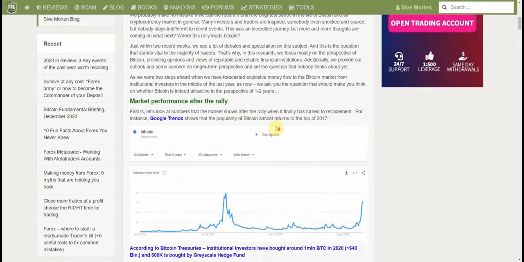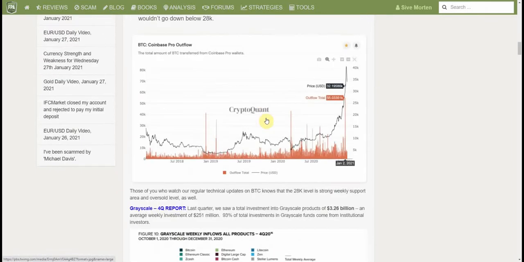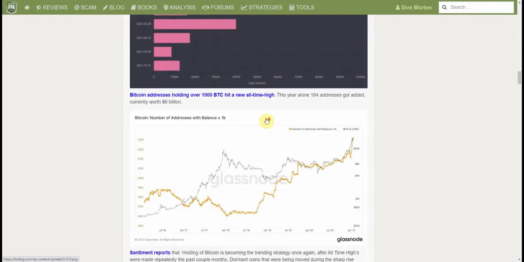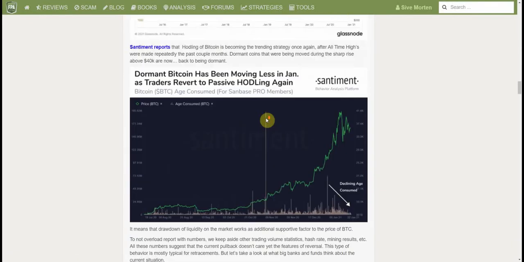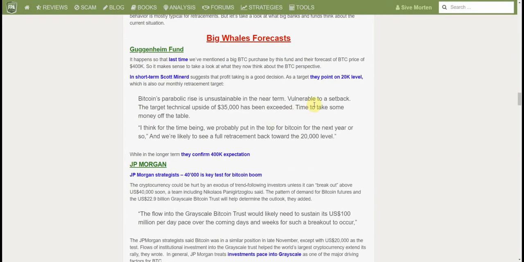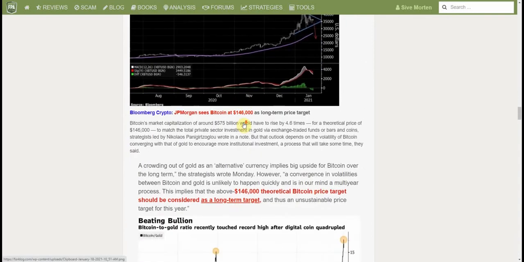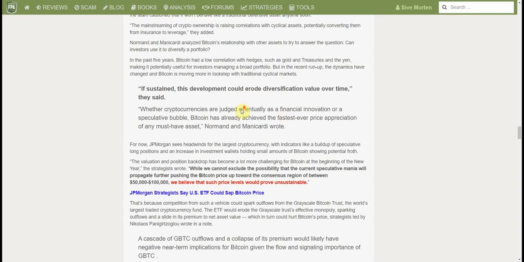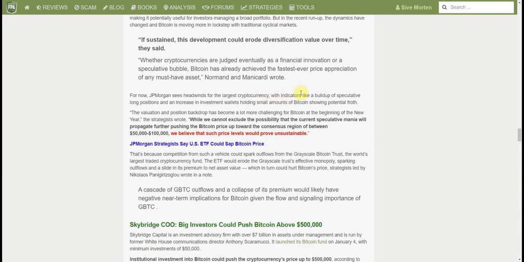First of all, you can read the forecasts of the price and the perspective view on the Bitcoin price from institutional investors. We provide the Guggenheim Fund view, JP Morgan, Bloomberg, and some other whales that lay the foundation and share thoughts on the fair price of Bitcoin, what levels could be reached, and what could happen in the nearest time.